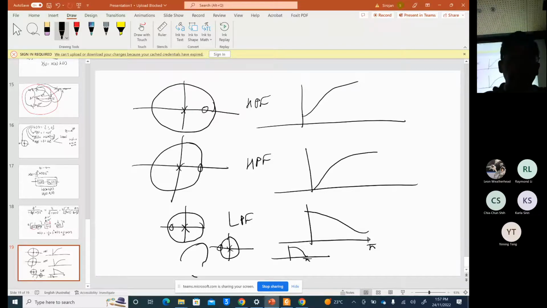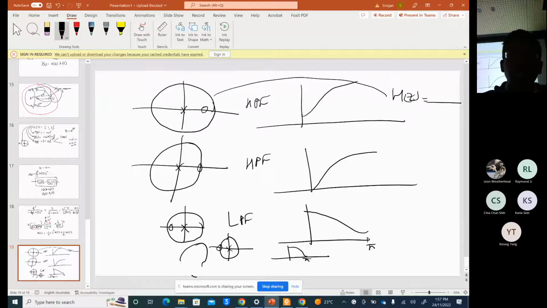Okay, so that's how, if you are given a pole zero diagram, you should be able to find the approximate magnitude response and also the Z transform. So how do you write the Z transform from here? H(z) equals, for the zeros, the numerator is z minus, let's assume it is at 0.9, and the denominator is z.